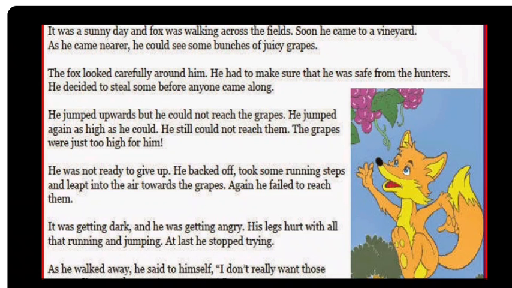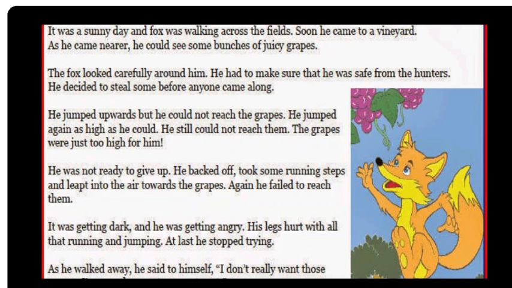Next line, as he came nearer, he could see some bunches of juicy grapes. If I explain this line, he saw some bunches of ripe grapes hanging down a vine, and the mouth of the fox watered to eat them.